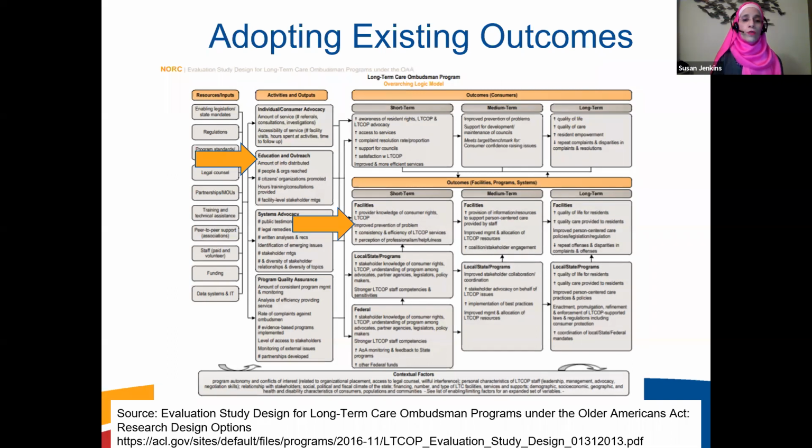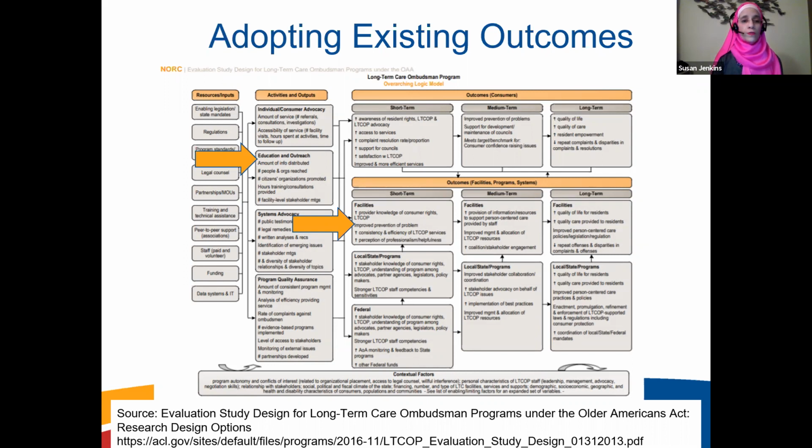I show this to you to point you to that resource, but looking at the logic model or other program documentation, you can usually find a relevant outcome or set of outcomes that you want to measure towards. So you don't have to invent them yourselves or create them from scratch. For this particular example of training, that would fit under the education and outreach activity, which is the leftmost orange arrow.